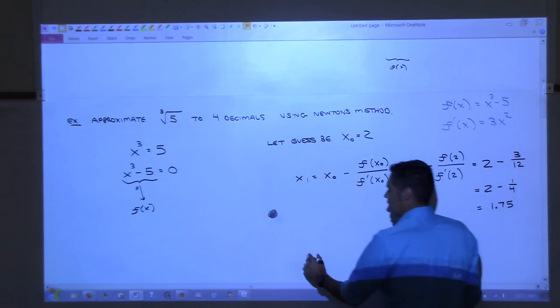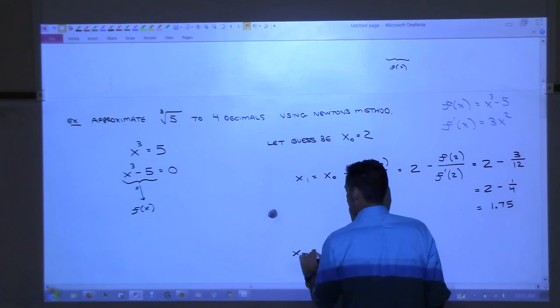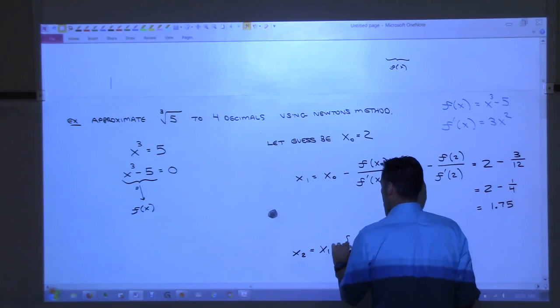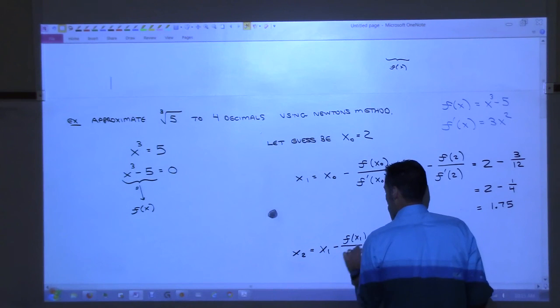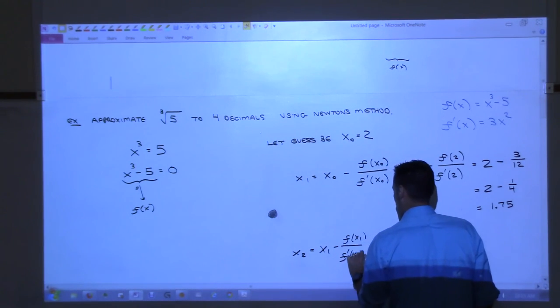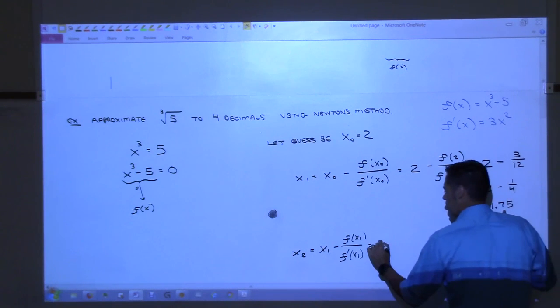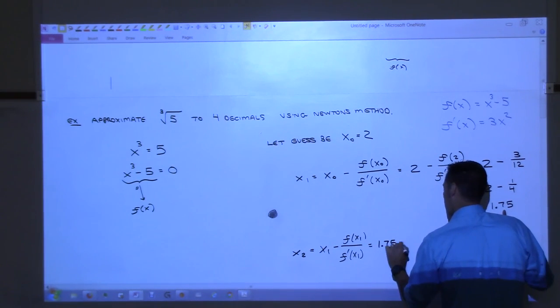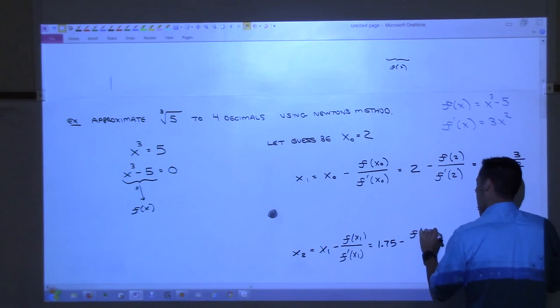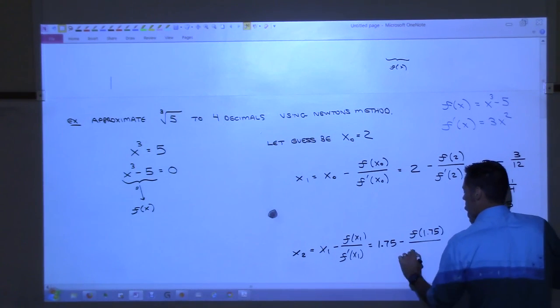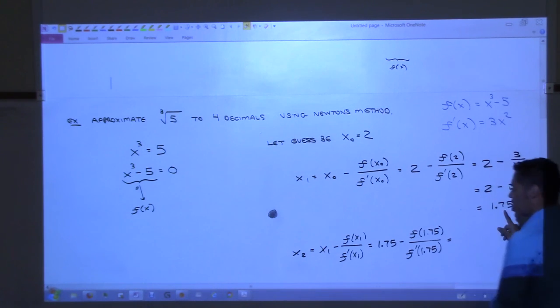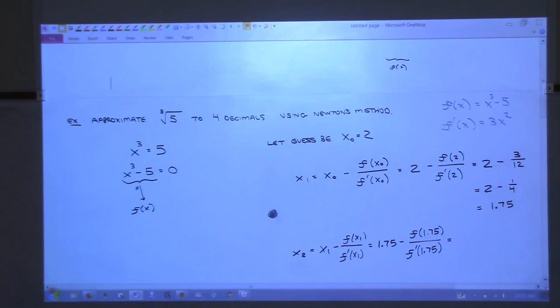Now we do x sub 2. x sub 2 is x sub 1 minus f of x sub 1 over f prime of x sub 1, which is, what is x sub 1? 1.75 minus f of 1.75 over f prime of 1.75, which equals, now we need our four-function calculator.